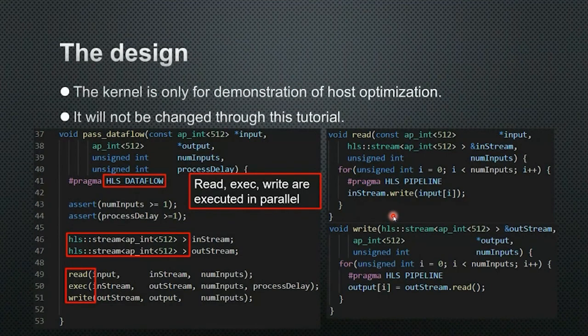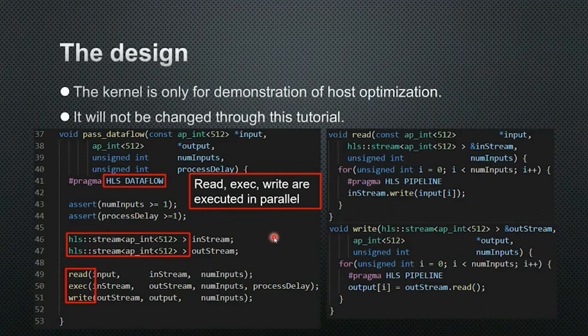Here we first see the design of the kernel. This kernel is only for demonstration purposes. We can see that the kernel basically does three things: read, execute, and write. For read and write, they use a stream interface and prepare the data.